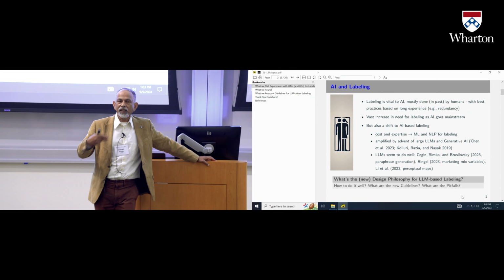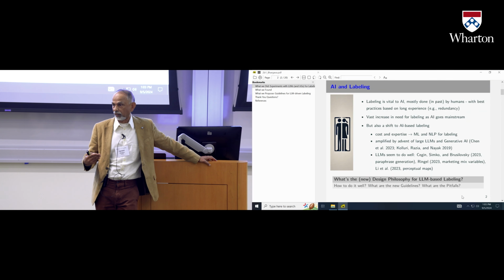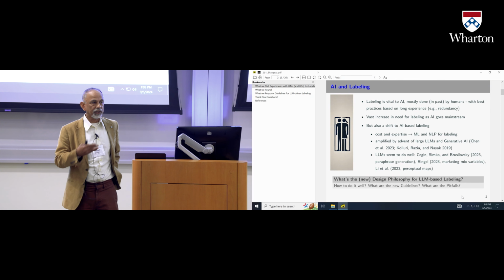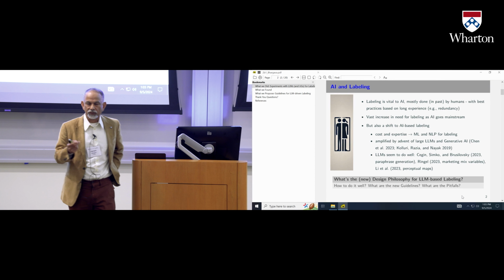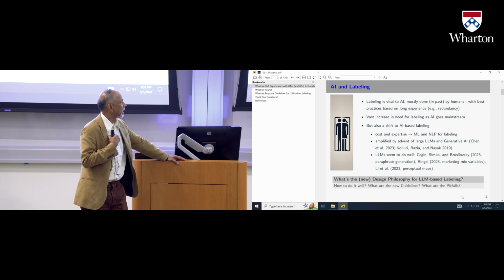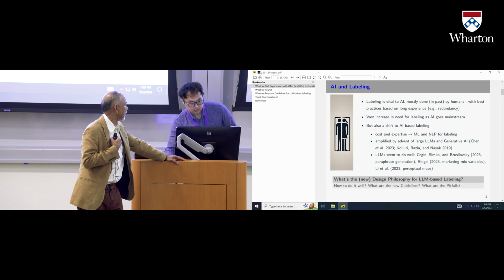We started doing that on a project, and then we realized that there may be some value in understanding how best to use AI to do labeling. Can we produce some guidelines that would be useful for practitioners who want to get through the labeling task quickly, but still be useful guidelines for them? So that's the question: what's the right design philosophy if you're doing labeling with LLMs?